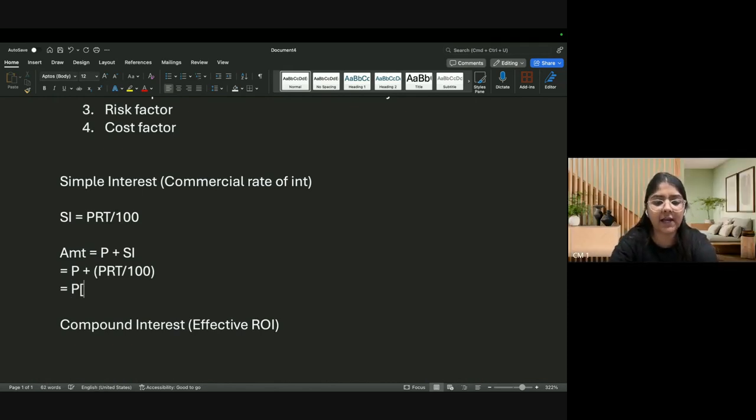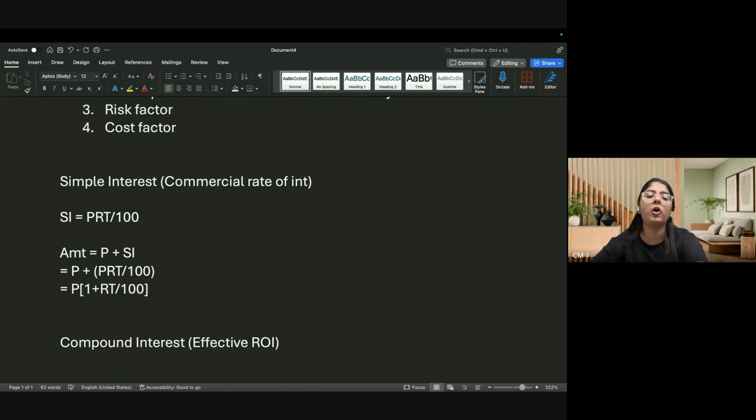What will be left inside is 1 plus RT by 100. So, this is the formula for amount calculation, where this 1 plus RT by 100 is the rate of interest multiplied by the term. So, you have to increase your principal with this particular factor to arrive at the amount.